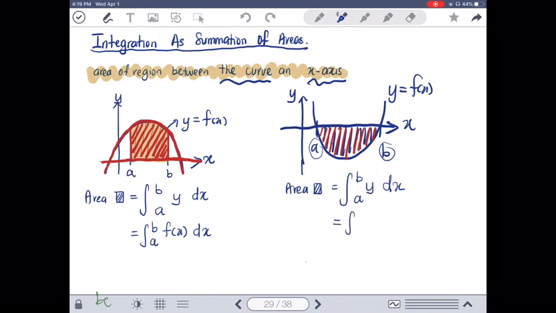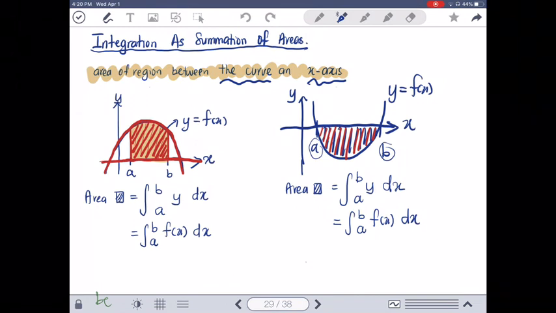Or in other words, we integrate from a to b of the function f of x with respect to x.